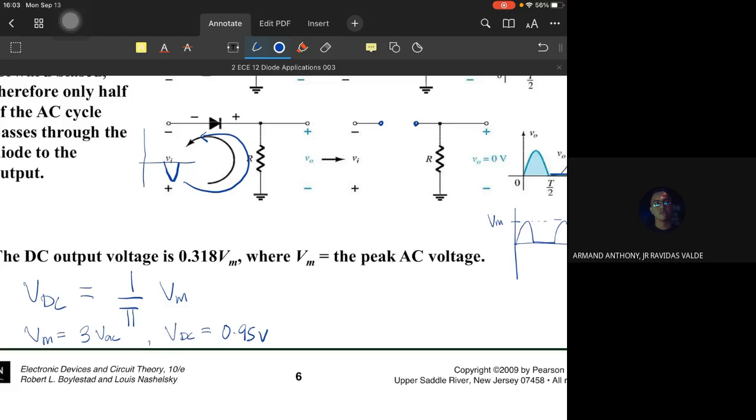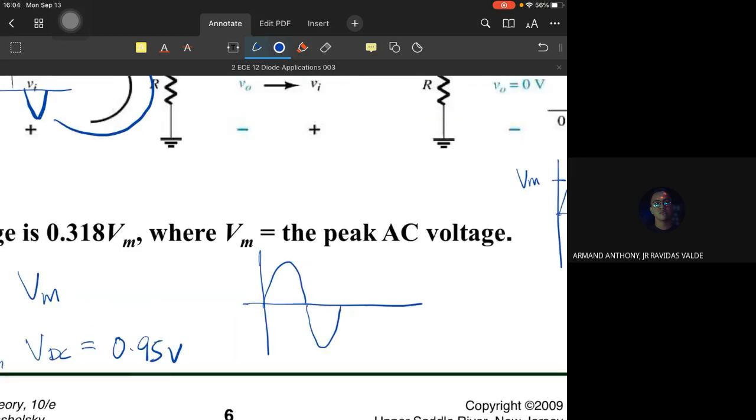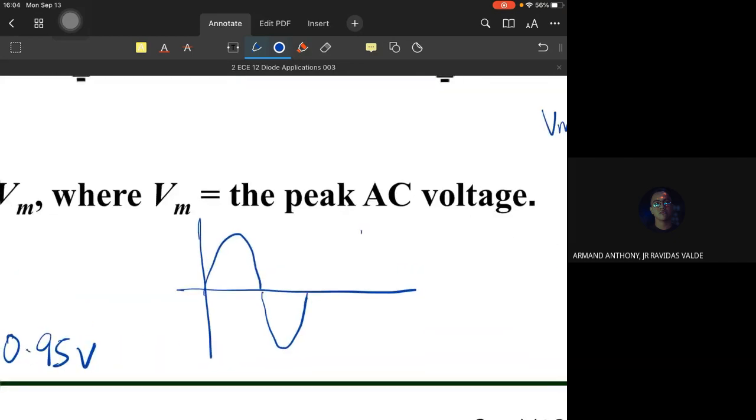Before I go further, I would like you to guess, if this is the output when the input is an AC signal, without really solving, how much do you think is the average voltage here?